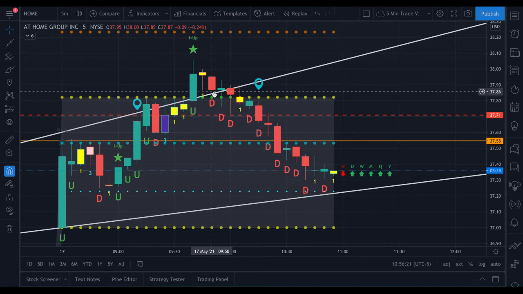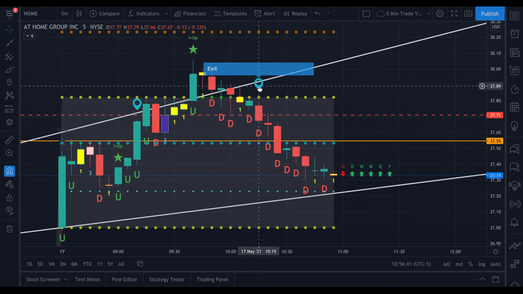This is a 2-1-2 reversal, so a 2 up with an inside candle and then a 2 down. So I knew that there was a potential that this could reverse, and I wasn't going to move my stop at this point.